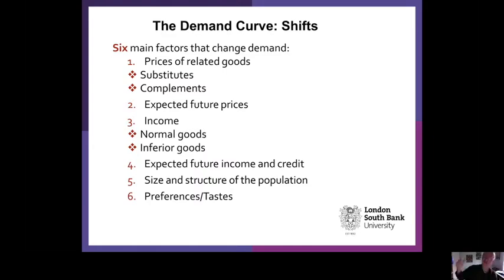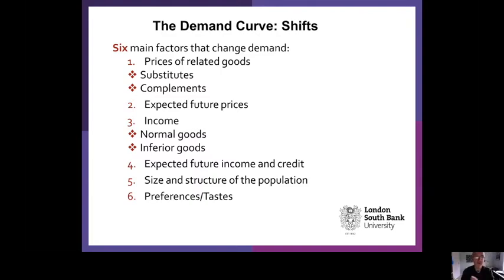Okay, let's try that. So if the price of bread falls, then the quantity of bread demanded is going to increase. So bread has become cheaper. Well, butter is a complement for bread. So we would expect that the demand for butter would also increase. So if the price of a complement falls, that will increase the demand for our good.